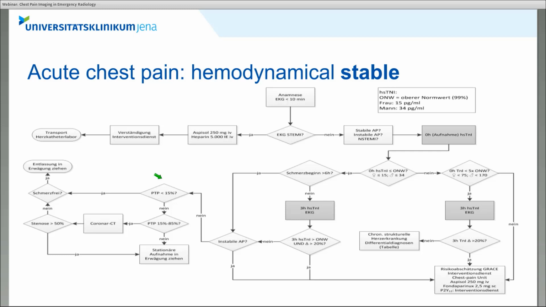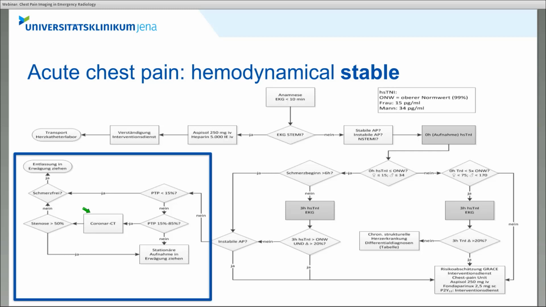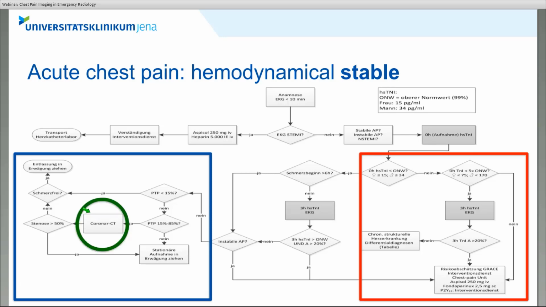In our case, with 38% pretest probability, the decision tree would guide you directly to the coronary CT. This was true for our guidelines so far, up to 50% pretest probability. And this was the only way where a CT scan was recommended by guidelines until the summer.